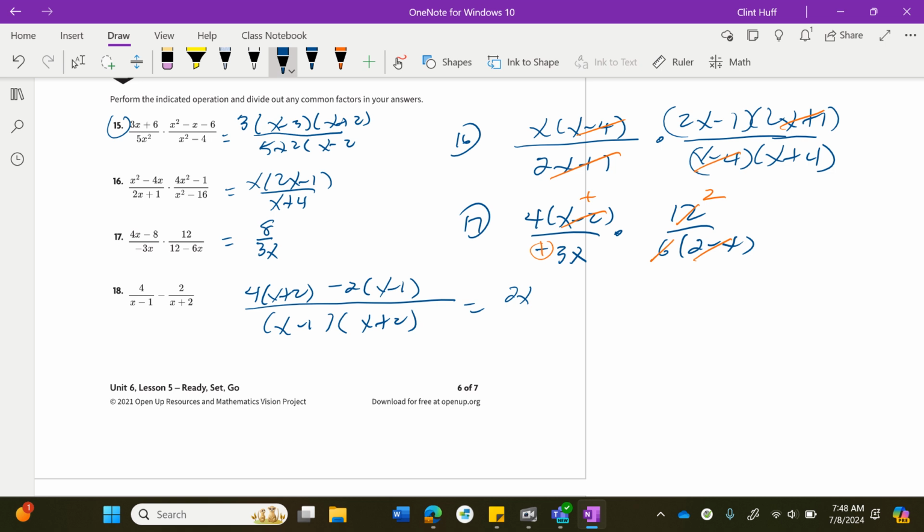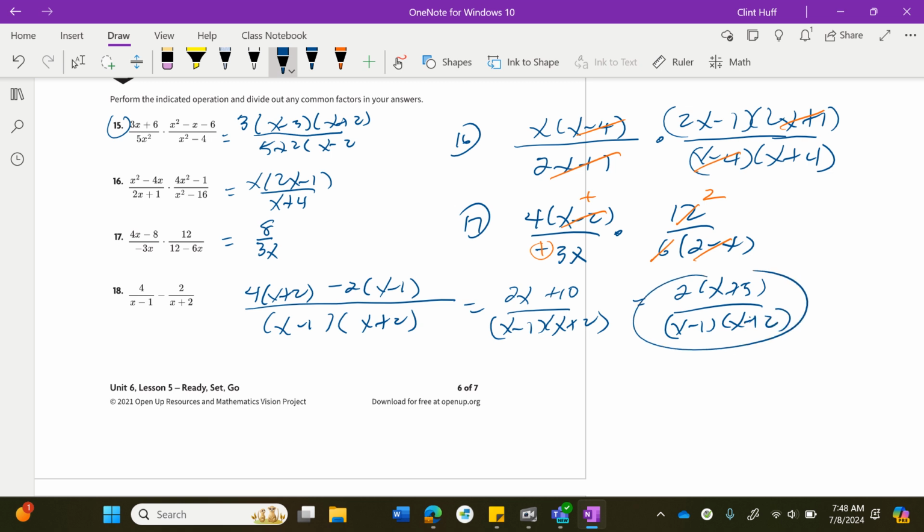So that's negative 2 times negative 1, so that's plus 10 over x minus 1 times x plus 2. Now, I would factor that numerator just to be sure I'm not going to get anything canceling out, and I do not. So here's that answer right there. Okay, that's not plus 12, that's plus 2.